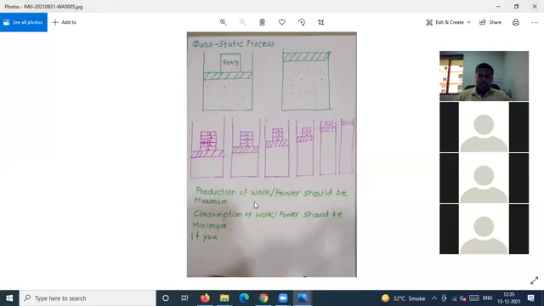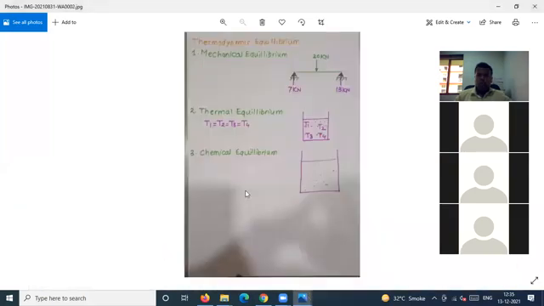Sir, please explain chemical equilibrium once more. Yes, I'll go to that point. What is chemical equilibrium? Simple: if you measure the chemical composition at any point, like CO2, NO2, SO2, and it comes out the same, then you can say the system is in chemical equilibrium.